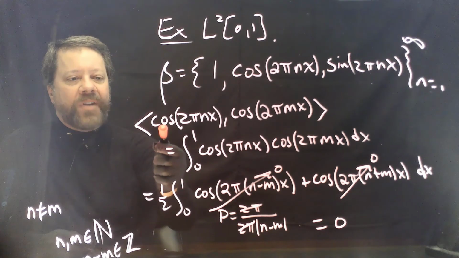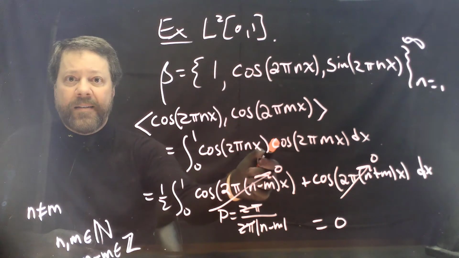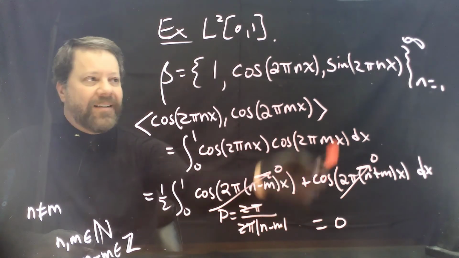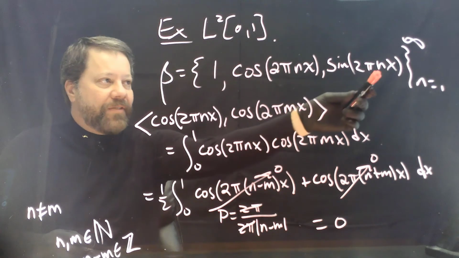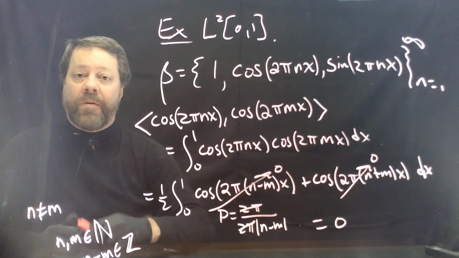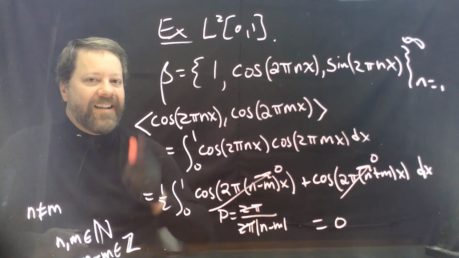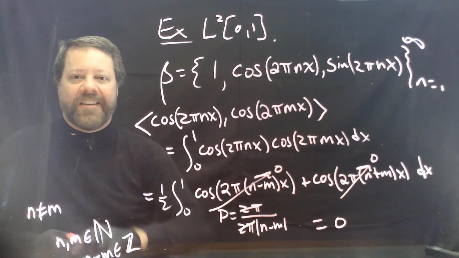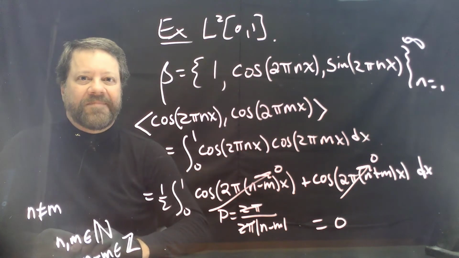If you replace cosine by sine, the only thing that changes is the plus becomes a minus. So different sine functions for different values of n are orthogonal to each other as well. That leaves only one other case, the cosines and the sines together. Are they orthogonal?